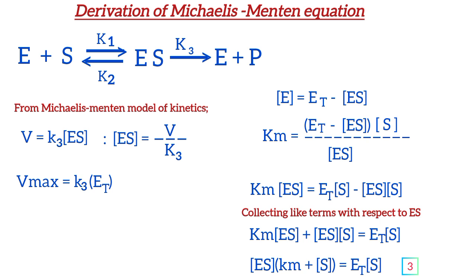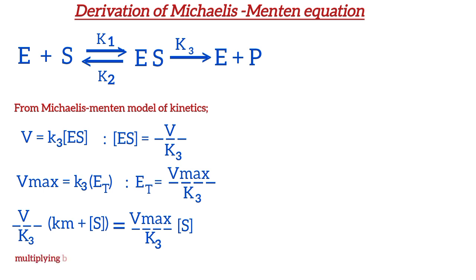Making the total enzyme concentration the subject of this equation, we have this. Now, we substitute ES as V over K3 and Et as Vmax over K3 into equation 3. Doing this, we have this.